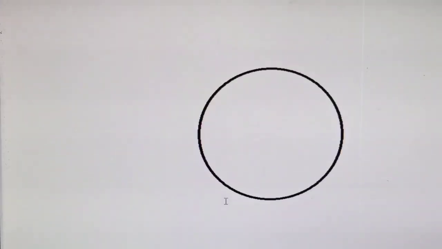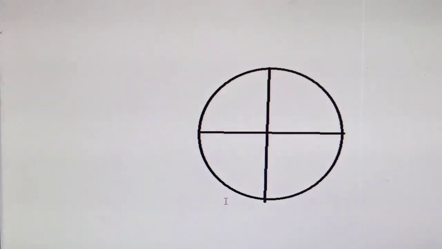Let's see. Suppose this is earth, this is equator, these are the poles, this is Tropic of Cancer. Here India lies, and this is north, this is south, this is east, this is west, and this is Tropic of Cancer, that is 23.5 degree north.